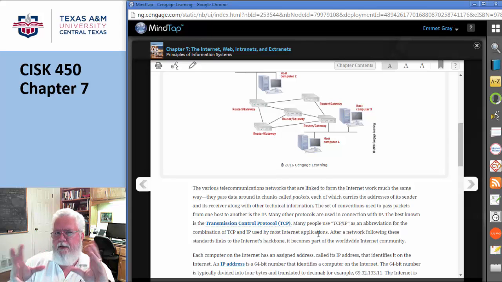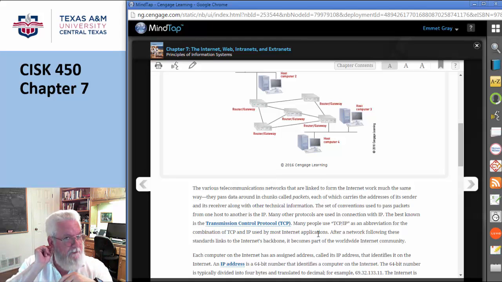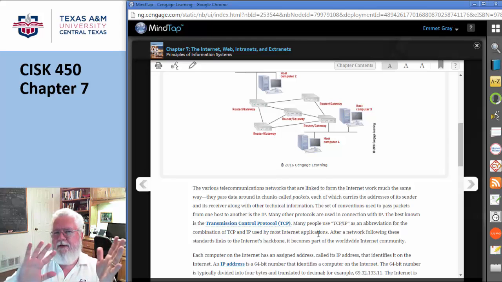It's that error checking and flow control and all that kind of good stuff. I send you something, and it waits and says, let me know when you got it. Okay, good, I'll send you another one. Let me know when you got it. Okay, got it. Now I'm going to send you the 4th one and the 5th one. It's that traffic cop thing going on.